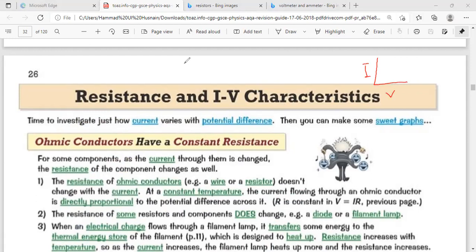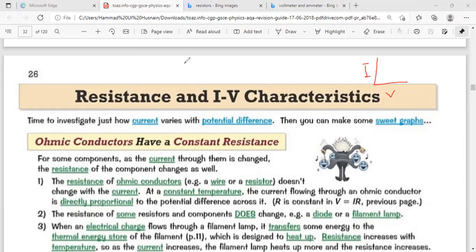Now why do we have voltage on the x-axis and current on the y-axis? Because on the x-axis we always have independent variables, and on the y-axis we always have dependent variables. Voltage is the driving force due to which the current flows.